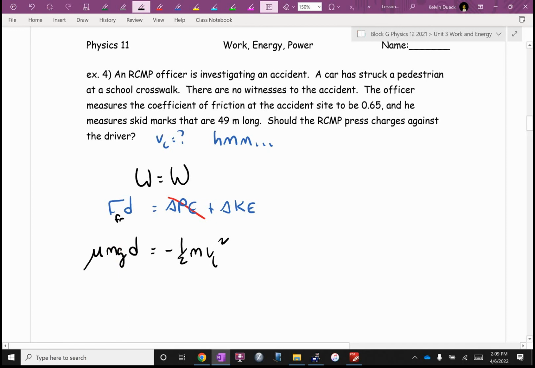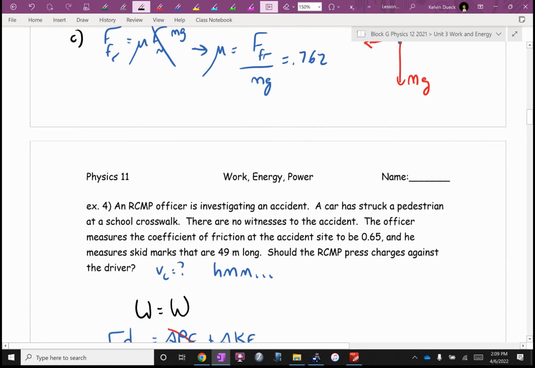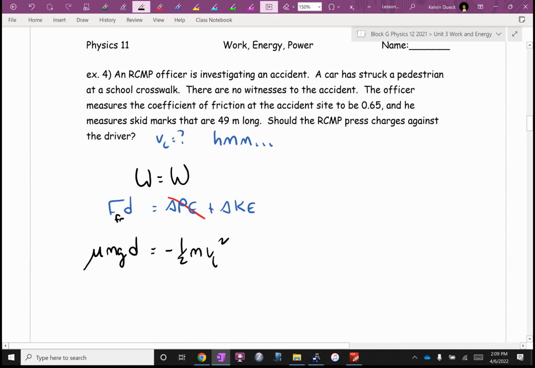It's this same free body diagram, right? Oh, this is kind of nice. What do you notice? Well, it's convenient. In other words, if the driver tried to say, well, I had a full load, and that made it tougher for me to stop.